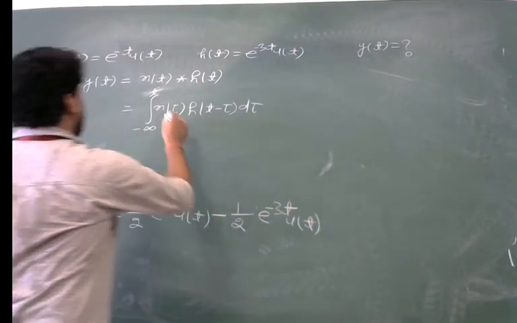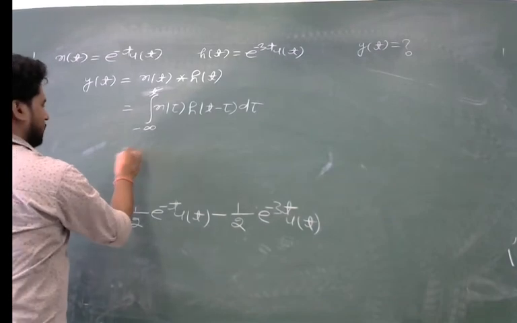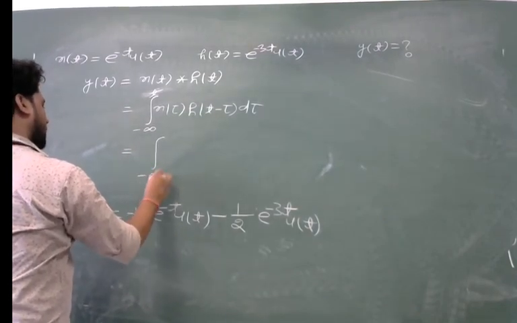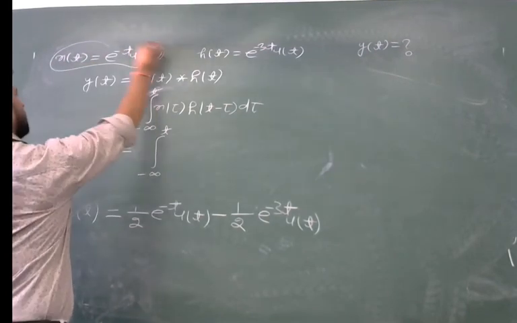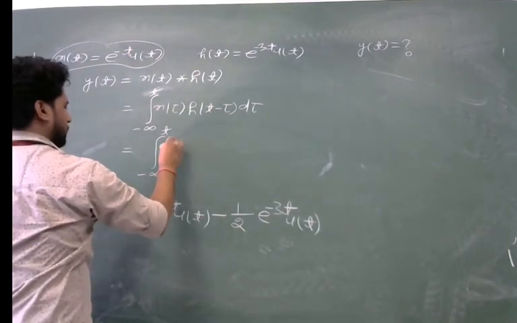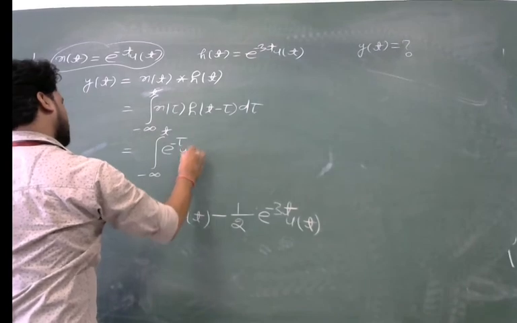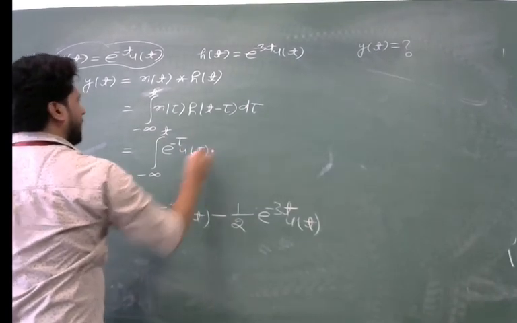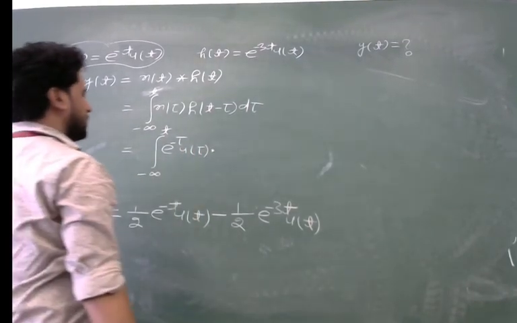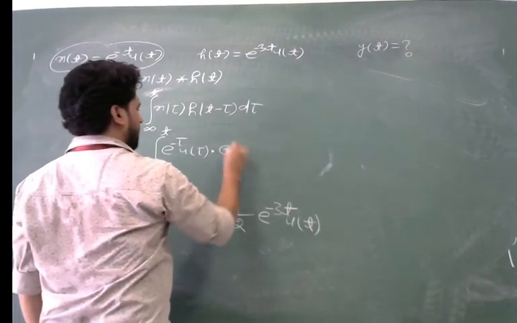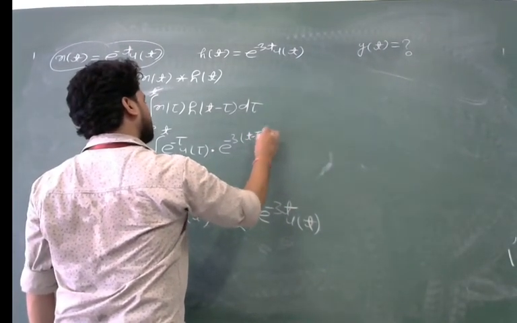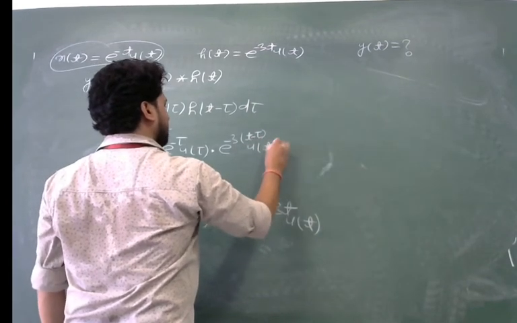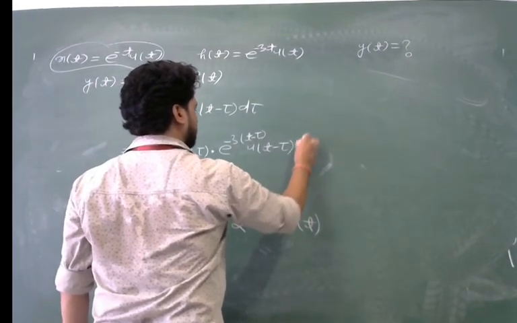So x(tau) will be equal to e^(-tau) u(tau), and h(t minus tau) will be equal to e^(-3(t minus tau)) u(t minus tau) d tau.